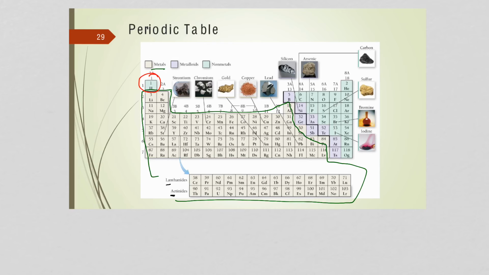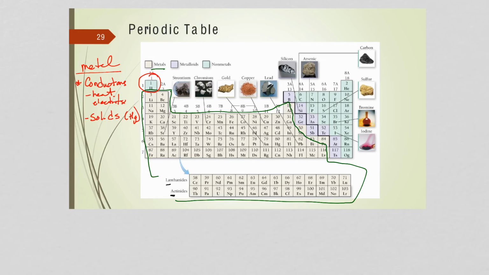Now, what's different about these? Well, if we think about metals, what are some of the big things we think about metals? We think about them as conductors of both heat and electricity. They are solids. All the metal elements are solids except for mercury, which is a liquid at room temperature.